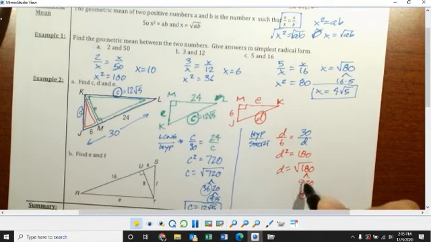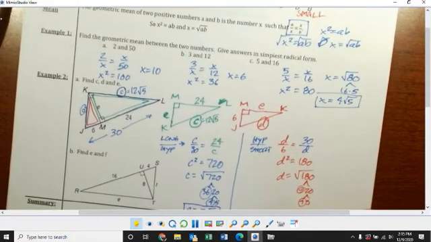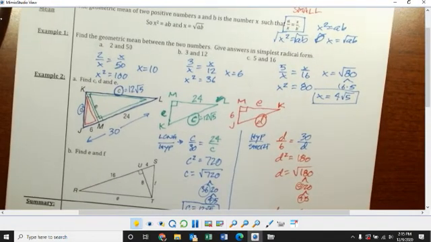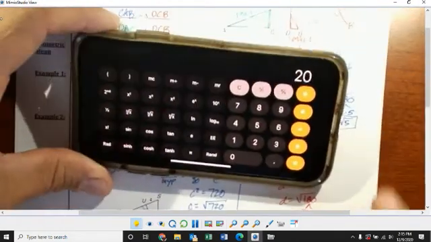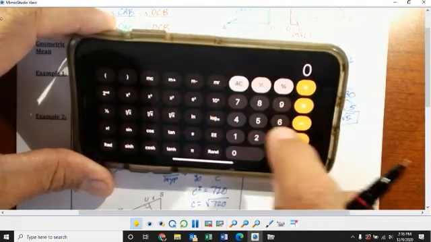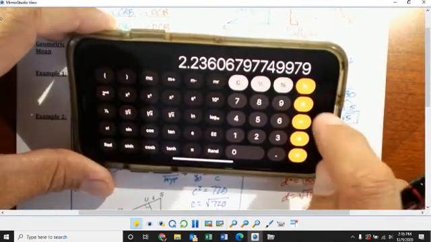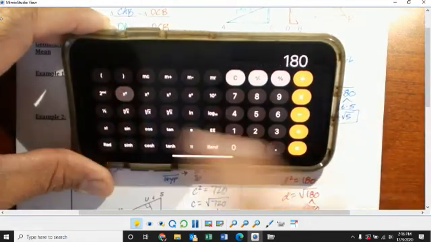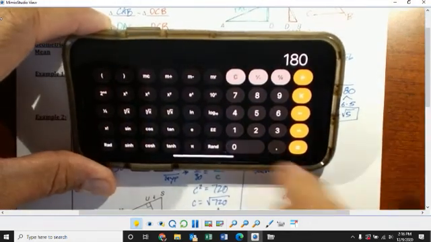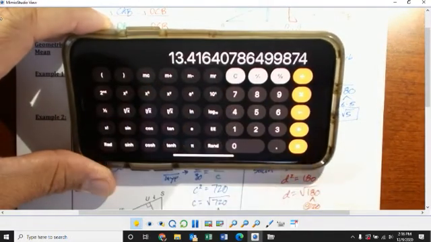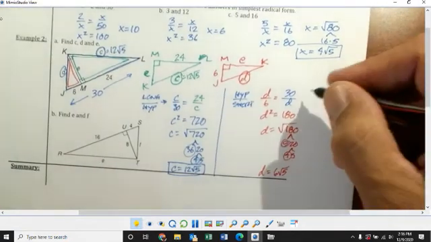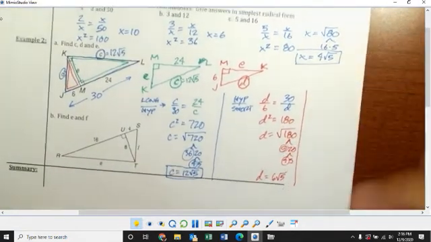It's 4 times 5. So I've got a 9 and a 4. So D equals 3 times 2, 6, square root of 5. And again, let's go about checking. 6 times the square root of 5 is 13.416. Square that number and it's 180. And 13.4 is between 6 and 30. That's what we're looking for. We got it.